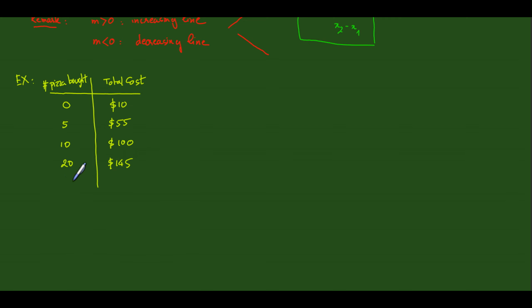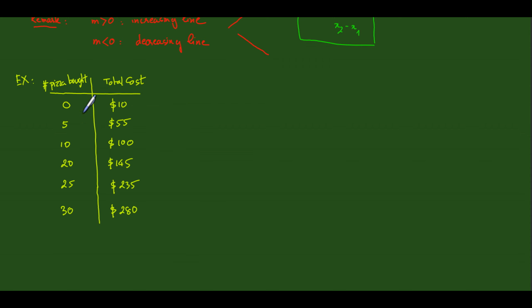And if we buy 25 pizza, then the cost will be $235. Then if we buy 30 pizza, then the cost will be $285. Okay, so there are 1, 2, 3, 4, 5, 6 data already collected.